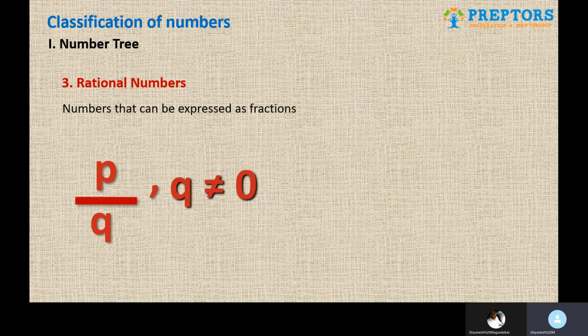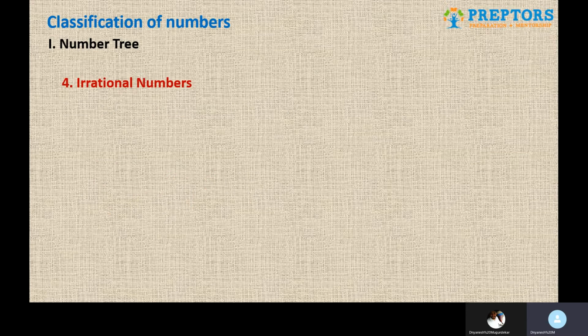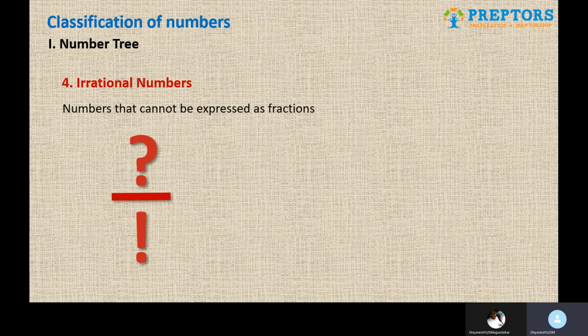Any numbers which can be expressed like this will come under the category of rational numbers. Whereas irrational numbers are the ones that you cannot express in a p by q format, and they are called irrational numbers.